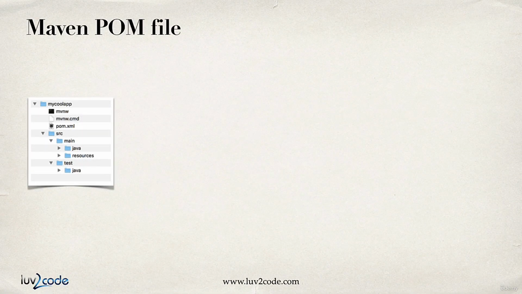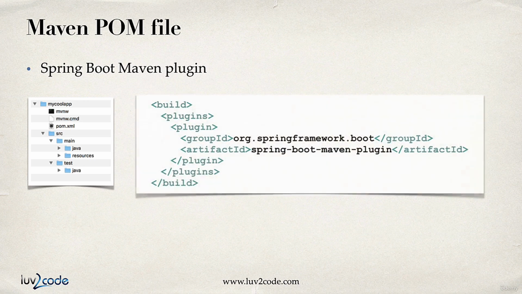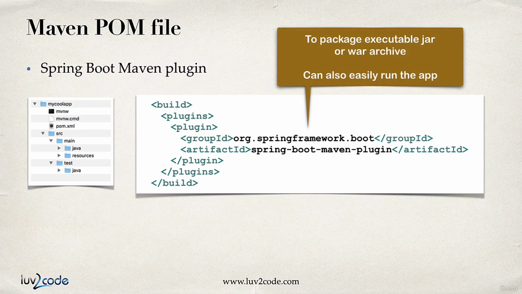Also in the Maven POM file, there's a section for the Spring Boot Maven plugin. You'll see that at the bottom of the POM file. This plugin is used to package an executable jar file that we can run from the command line, or to create a war archive file. You can also use this plugin to easily run the application.